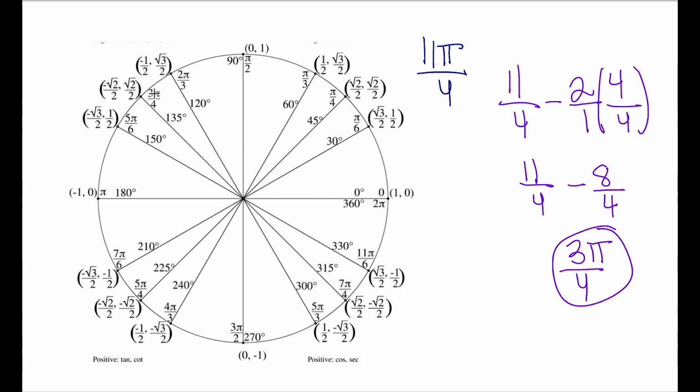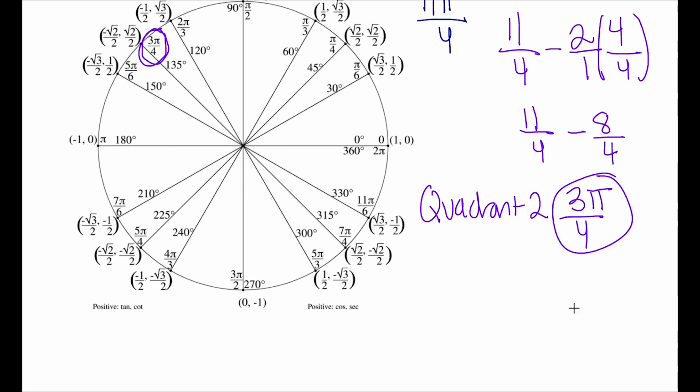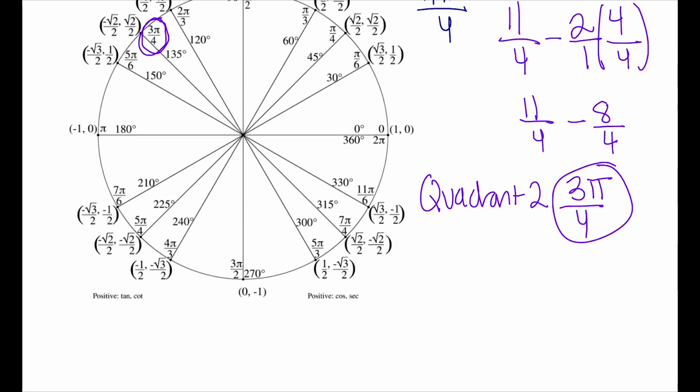So 3 pi over 4 is in quadrant 2, it's right here. The sine, remember, is our y-coordinate, or root 2 over 2.